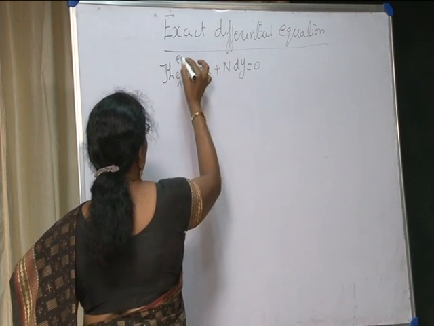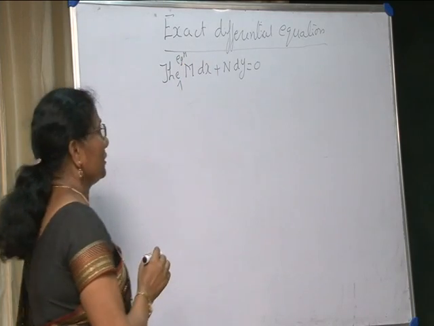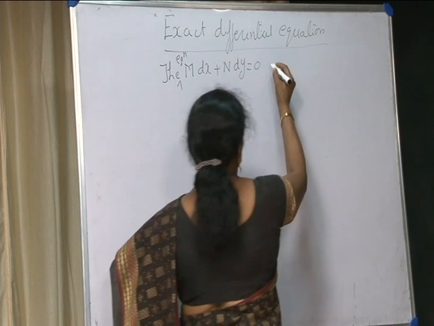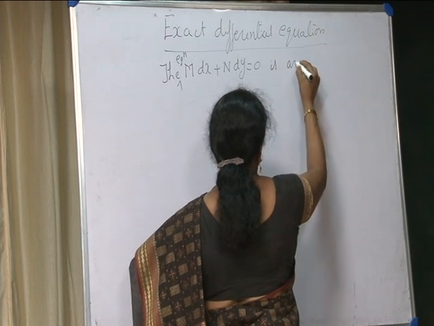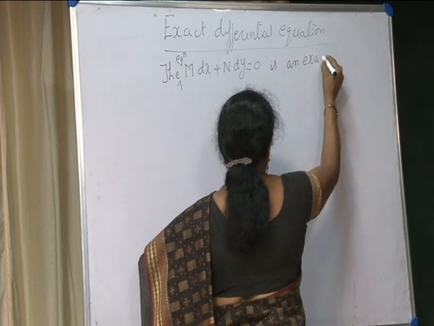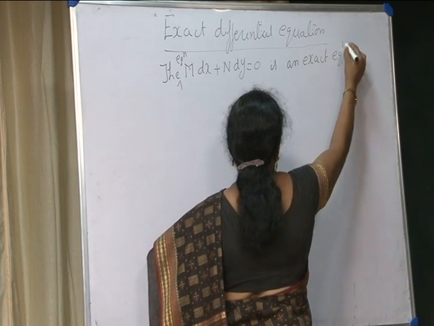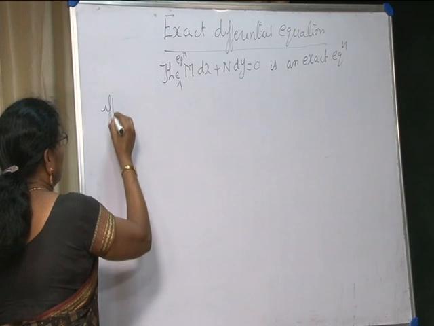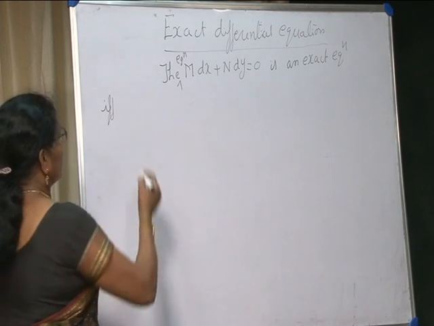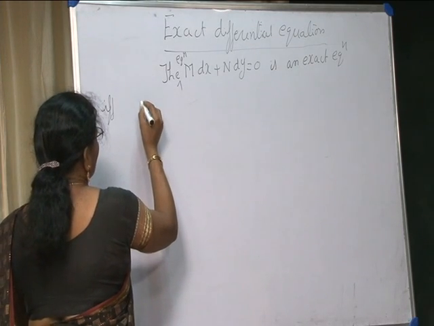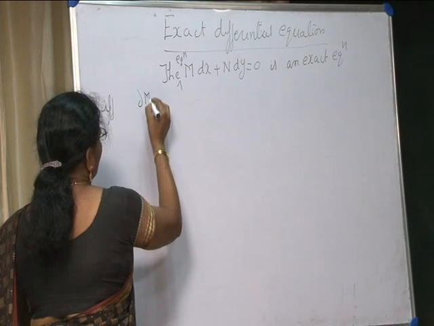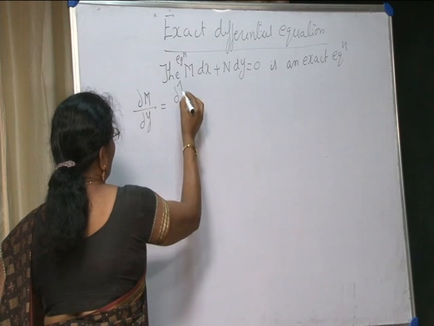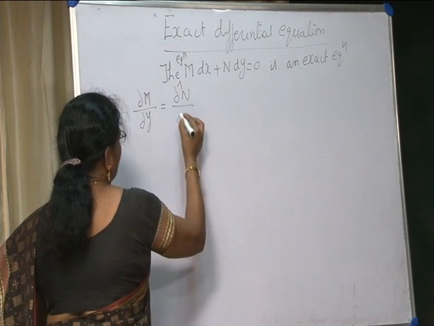The equation M dx plus N dy is equal to 0 is an exact equation if delta M by delta y is equal to delta N by delta x.